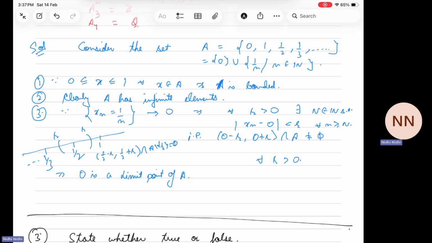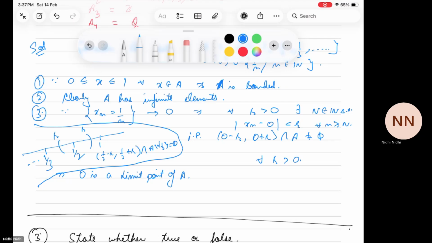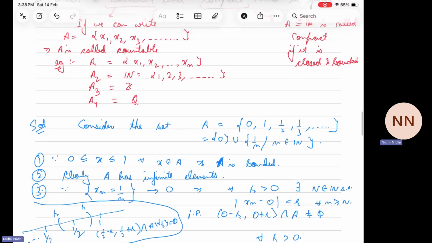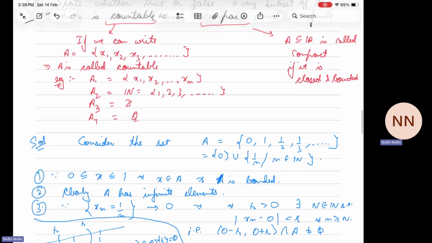Eventually, the rest of the points cannot be limit points, and hence 0 is the only limit point of A, which implies A prime is the singleton {0}, which is contained in A, which implies A is closed. Hence, we are able to find a closed and bounded set which is not compact.